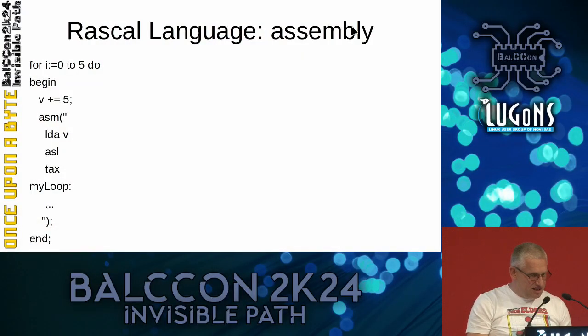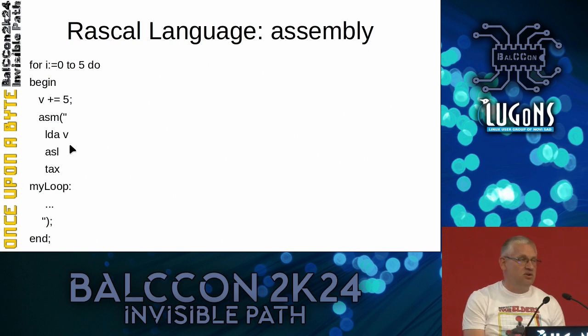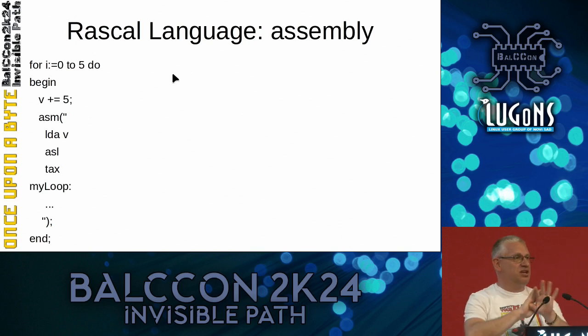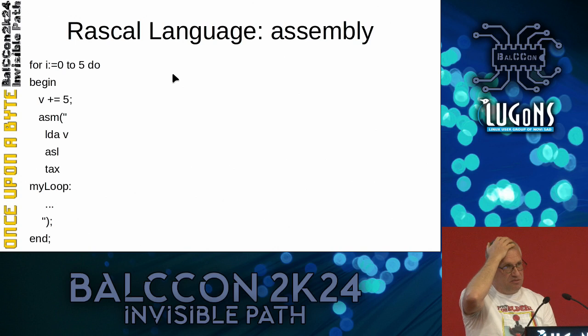I mentioned that we can put assembly language inside any place in the code, so you write some Rascal, Pascal lines, then you just say SM, and then put some assembly code. The good thing is that assembly code can access any variable, everything you have declared in the higher programming language, so it is really easy to combine the two.